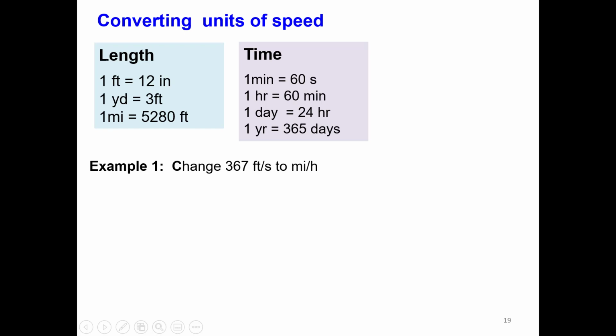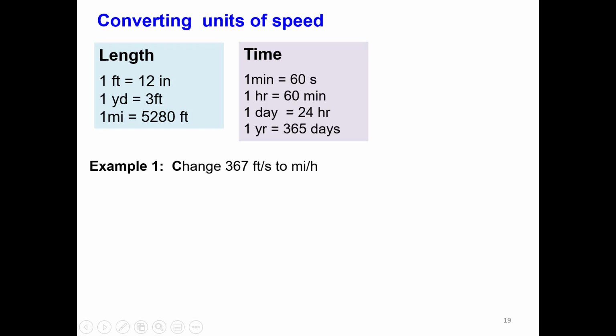This is why we have here the list of units of length we know in the American system and the units of time for the American system. And remember, speed is distance over time.